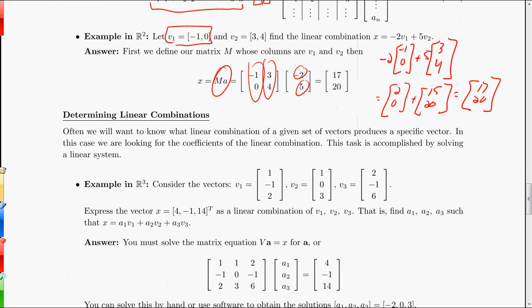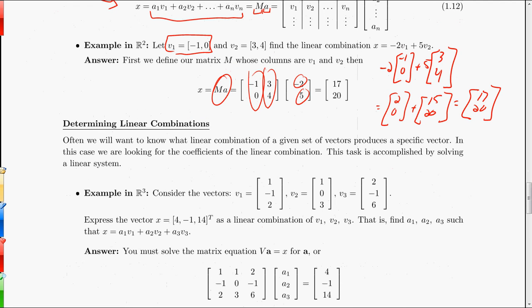How about in this next case, we're going to determine what the linear combination needs to be in order to get a variable out here, right? In this first problem, I said, all right, here's V1, here's V2, here are the coefficients. What's the result? X. Now I'm saying, suppose you have X, what are the coefficients needed to get that vector?